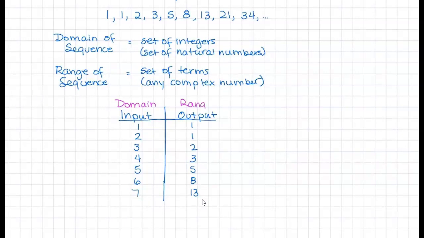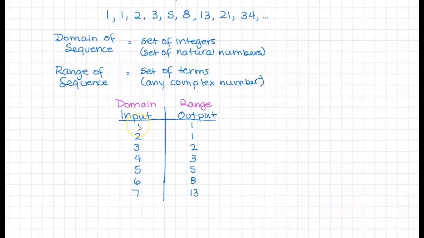Now, I'm going to say one thing that might get a little confusing, but then we're going to drop it. What gets a little confusing is that the input is the domain. Why didn't I just say up here the domain is the set of natural numbers? Why did I say set of integers? That's because when we're actually using these things in practical applications, sometimes it's convenient not to call the first term 1, but maybe you're going to call the first term 0.